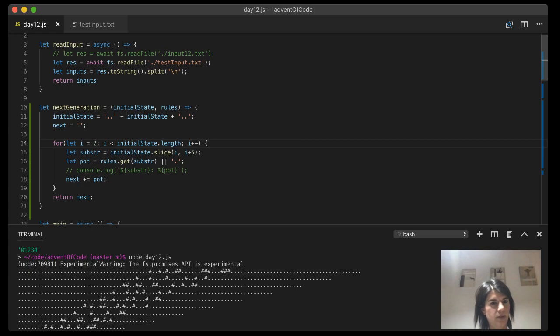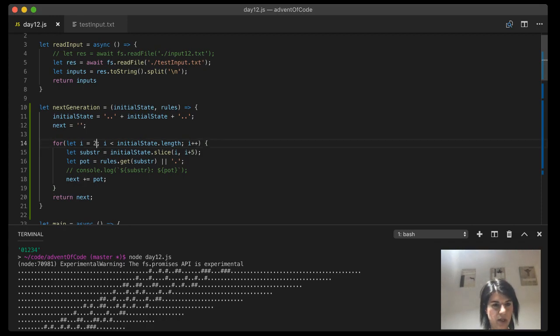So I'm going through my string, because those are the ones that could be filled. And I can't really slice from negative numbers.